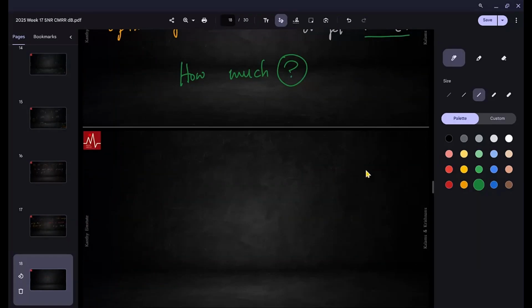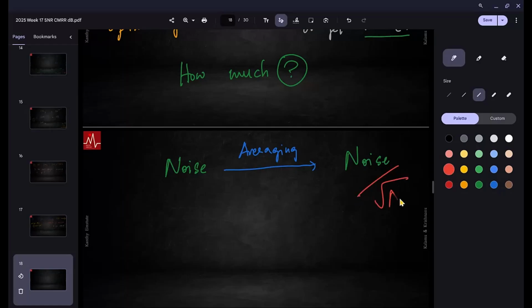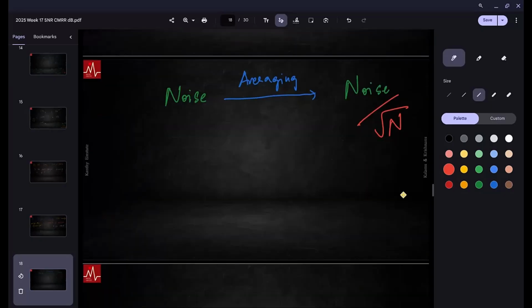Even before I say this, some of you are saying, notice noise upon averaging depends on the number of data points that you are using. Noise becomes noise over square root of n. Standard deviation becomes 1 by root n. Okay, so let me again put this in English.